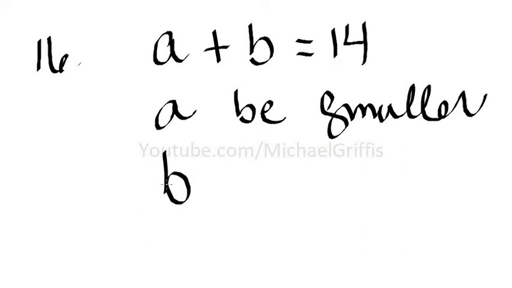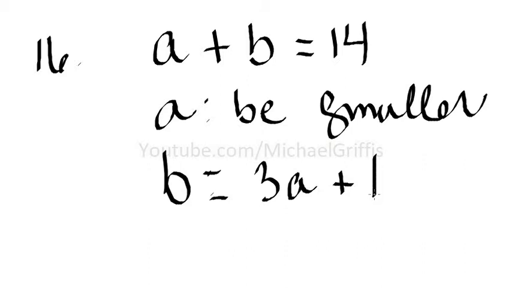The larger number is 1 more than 3 times the smaller number. Actually, we'll write an x here. The larger number is 1 more than 3 times the smaller. So 3 times the smaller and 1 more than. Okay, so there's your b.